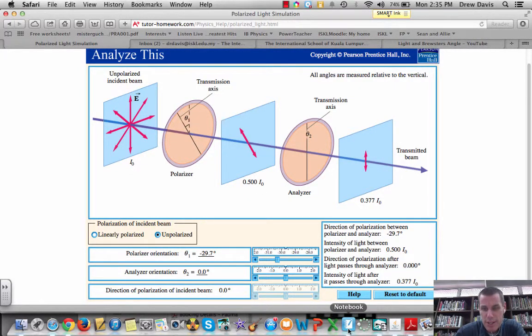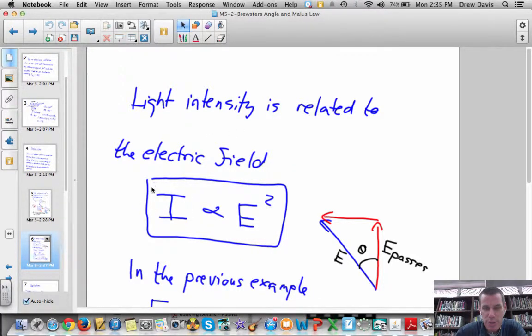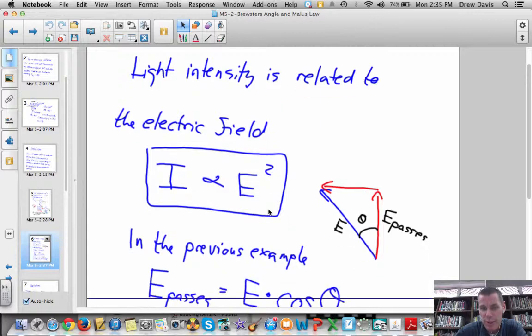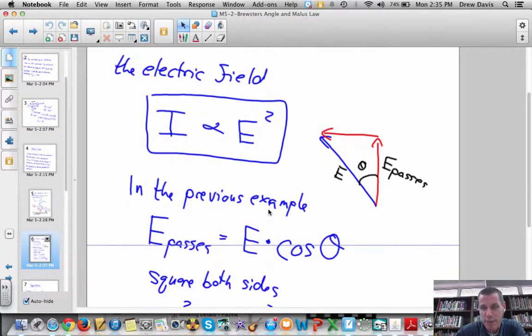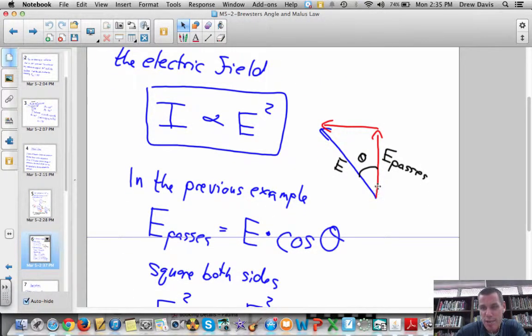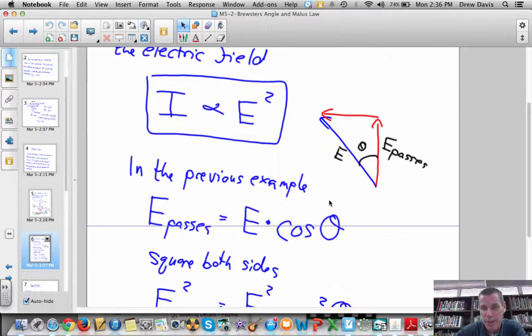This is done by this relationship. Intensity of light is proportional to the electric field squared. And as we said before, if our polarizer is set up to be vertical, then the vertical component of the electric field, right here, will pass through. So the electric field that passes equals E, which is the hypotenuse, times cos theta.